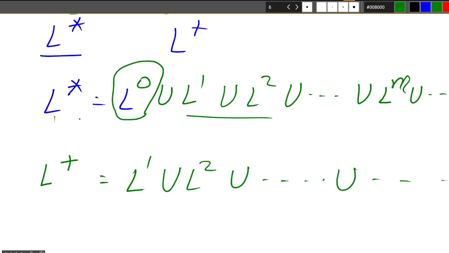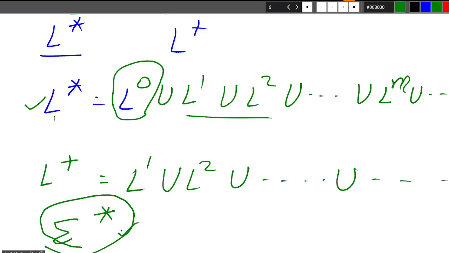Now these things, whatever union is performed, what do you think? There was something called the universal language, sigma star. We have performed the Kleene closure of this particular language. Will it be a subset of this universal language, or will it become a superset of it?